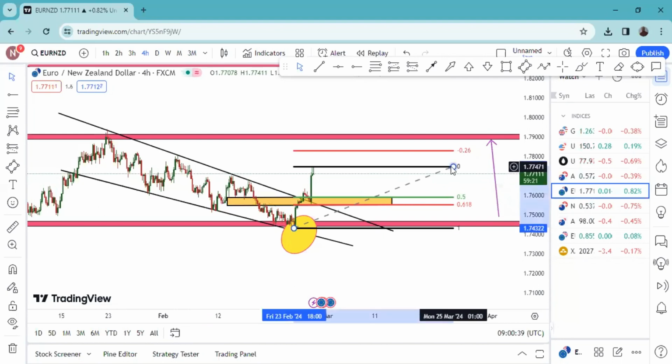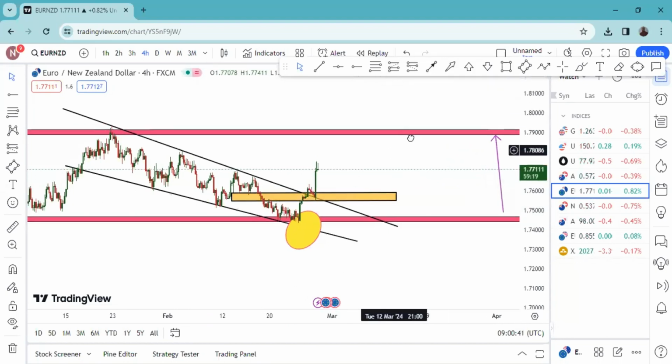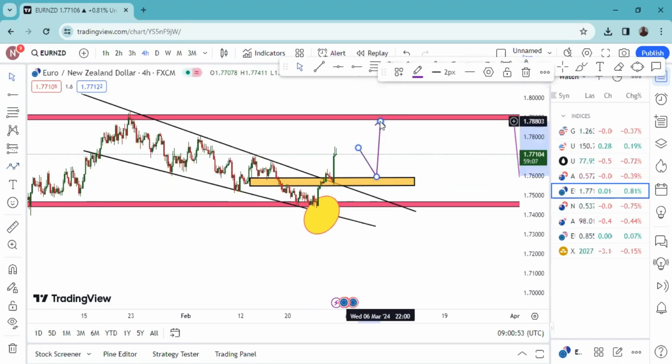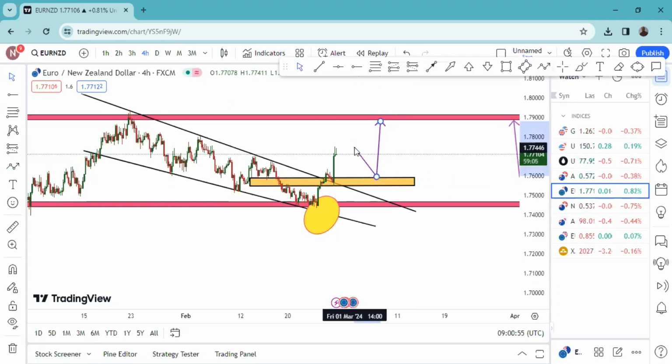I mark this level. So I'm waiting for the market to come and retest this level, so that I can take my buys to the top.